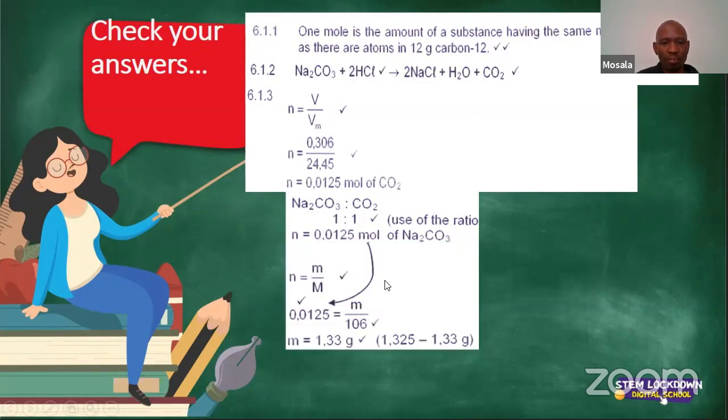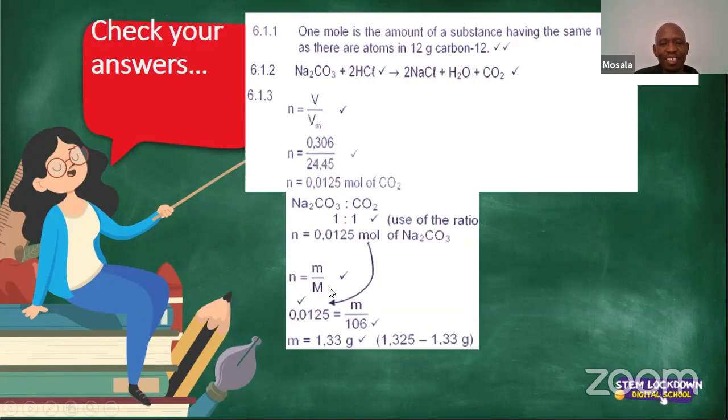So the number of moles of sodium carbonate that would have reacted would be 0.125. From here, number of moles equals mass over molar mass. The mass is unknown, but the molar mass is known.